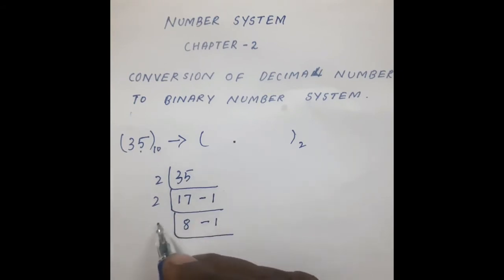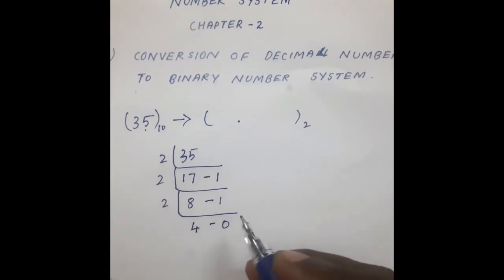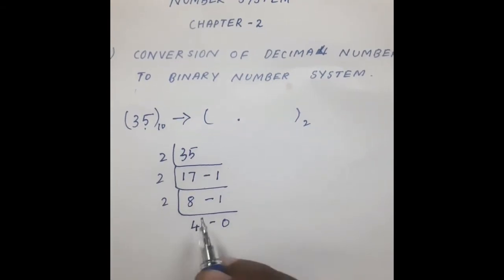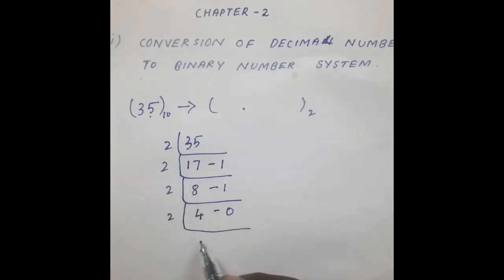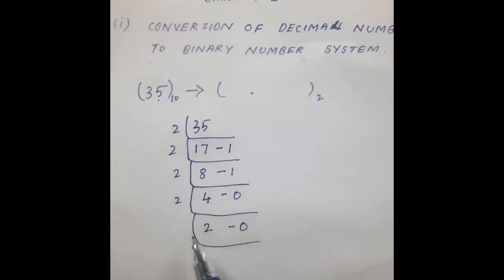Again divide by 2, you will get 4, remainder 0. 4 2s are 8. Again you divide by 2, you will get 2, remainder 0. Again you divide by 2, one time, remainder 0.